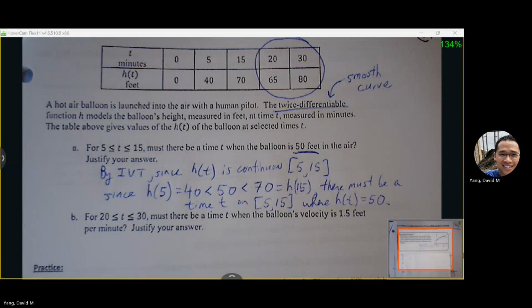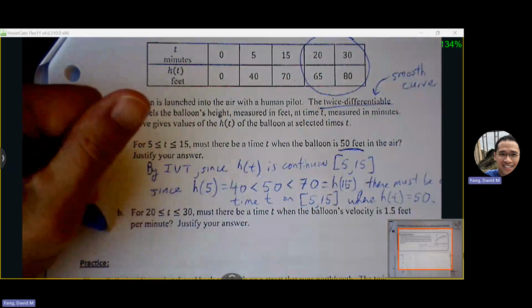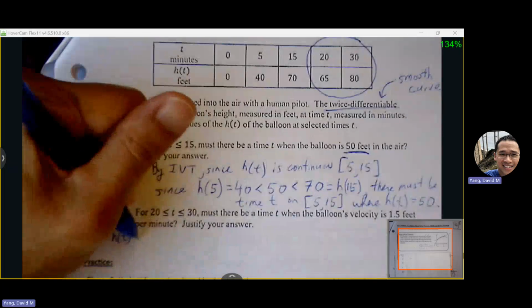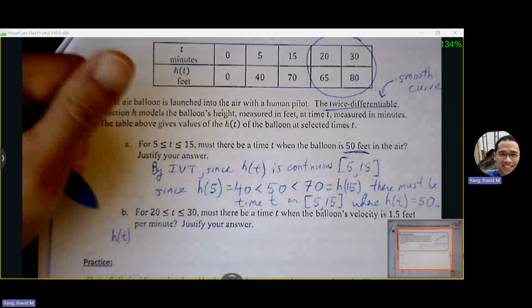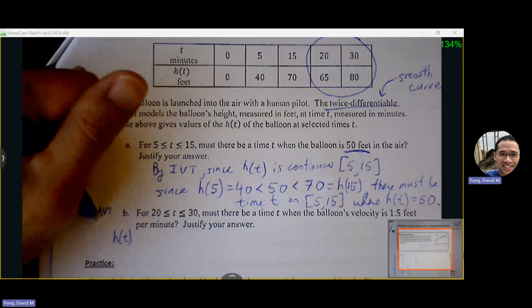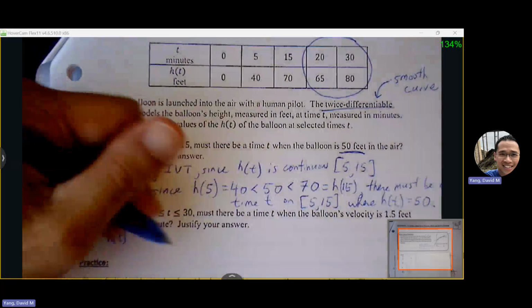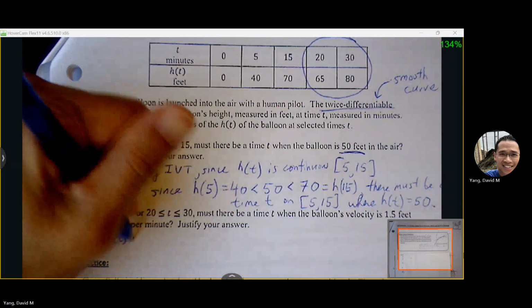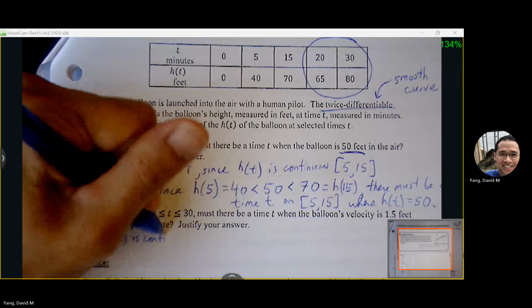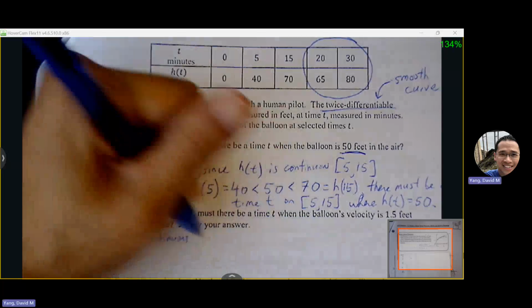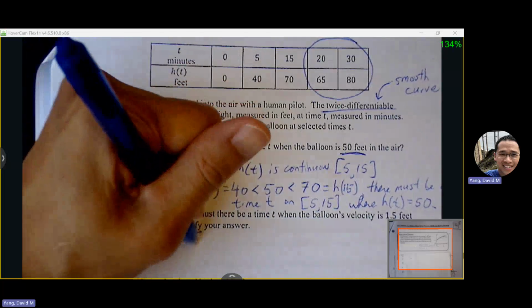Okay. So our justification is this: our function is continuous. We're basically having to apply mean value theorem here because we're seeing if our slope can be guaranteed. So we have to write out our conditions here.